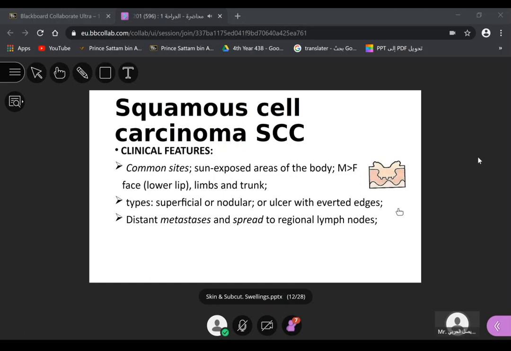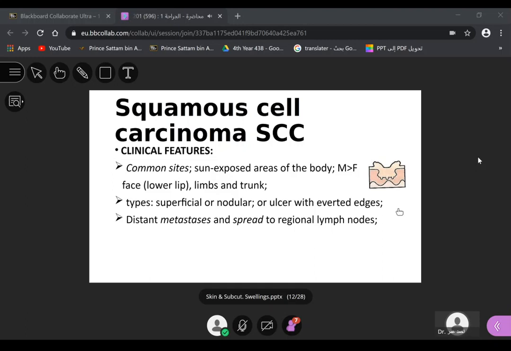Yes, clear. Thank you. Okay. Now, I have said that basal cell carcinoma is locally infiltrating and it does not usually metastasize to distant areas. In squamous cell carcinoma, the rule is actually the opposite. Squamous cell carcinoma tends to metastasize to regional lymph nodes very early.